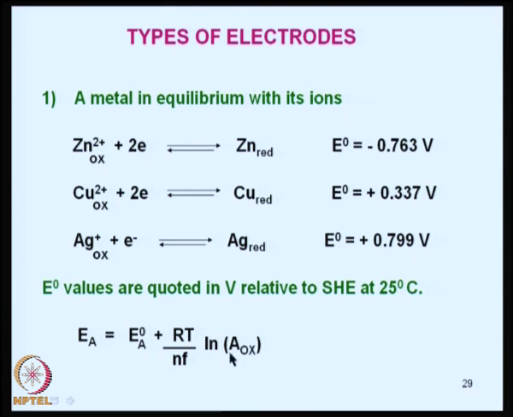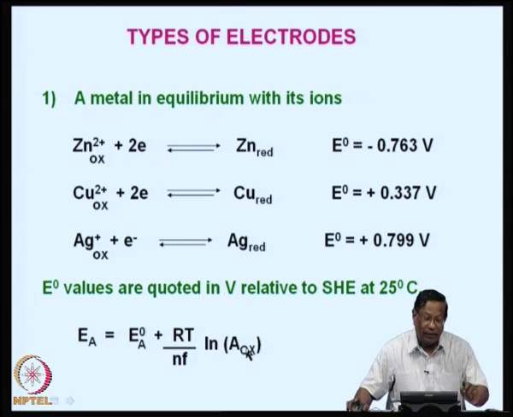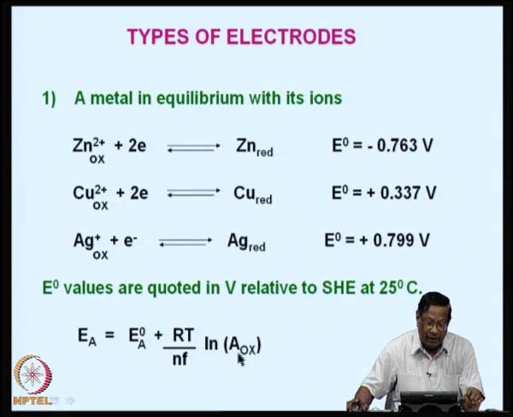Actually, there should be a reductant at the bottom in this equation, ln a_oxidant divided by a_reductant, but the reductant is a metal, and for a metal the activity is 1. So, instead of writing a_reductant we are writing 1.